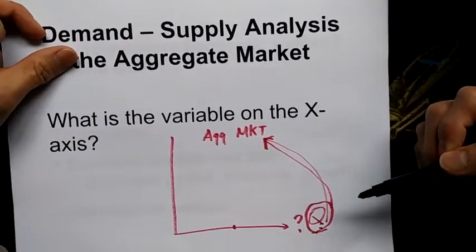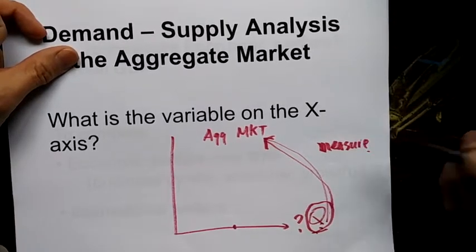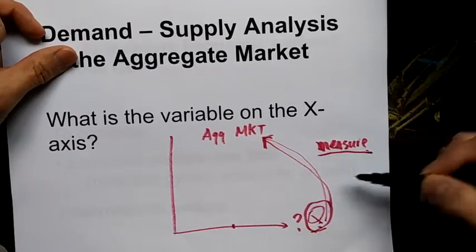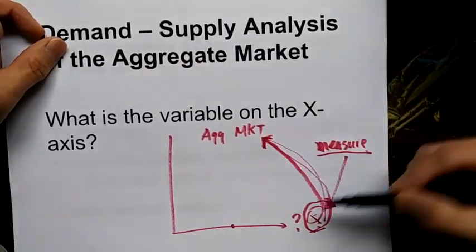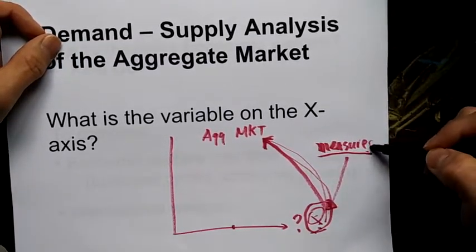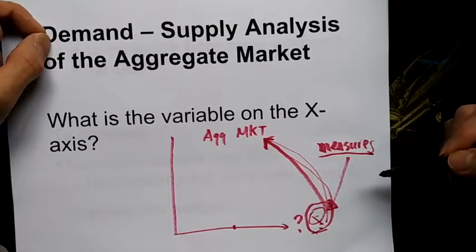The best we can do is to find a measure of the quantity of the aggregate market. And there are many measures.